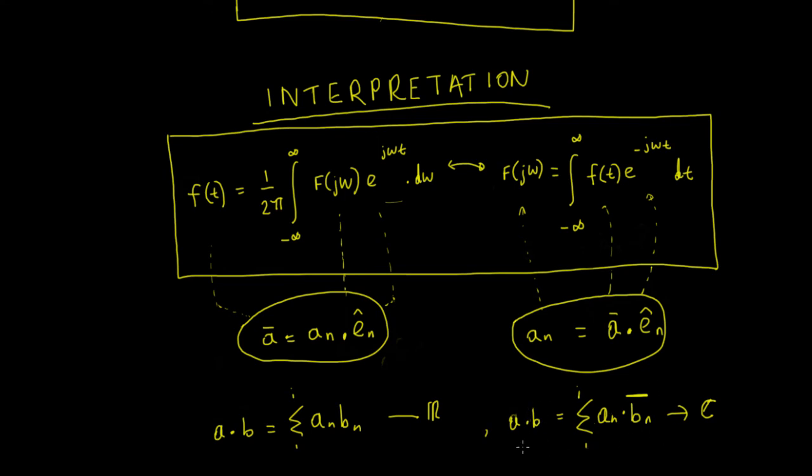So we would have to define the dot product in that format if the values of a and b are complex.